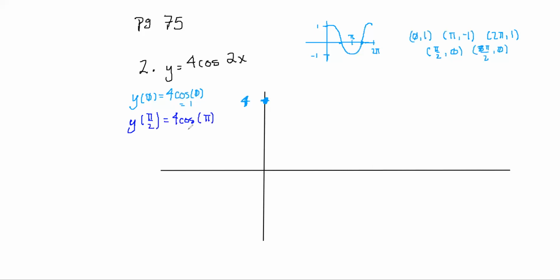The cosine of pi is going to equal -1. So at pi over 2, this is going to be 4 times -1, or right here.